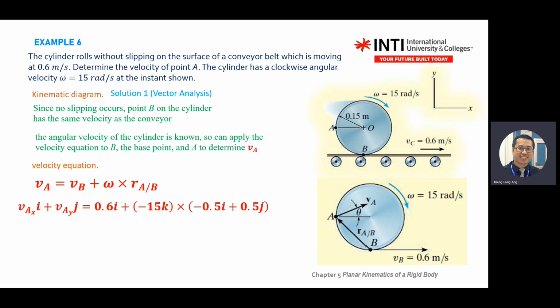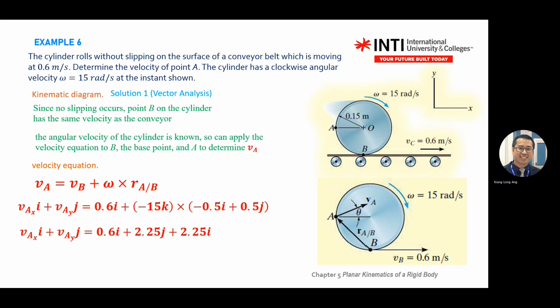Do you get 0.5? I don't know. Wait, I think something is wrong with my calculation.